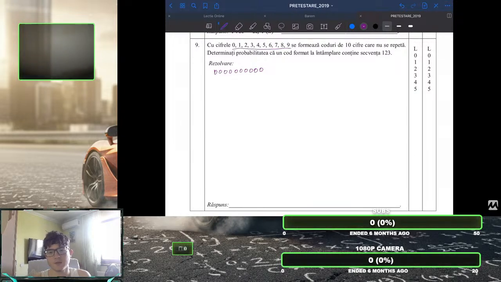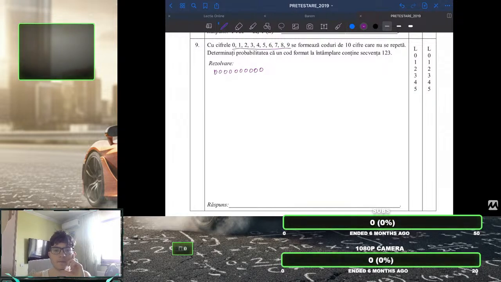All cases, what's that? I think it's just 10 exclamation mark, because they just have to not repeat, so we got the 10 exclamation mark. It can start with 0, right, as far as I know.